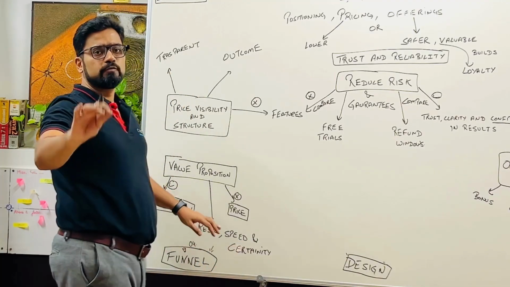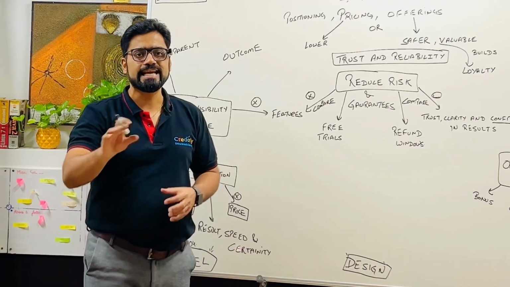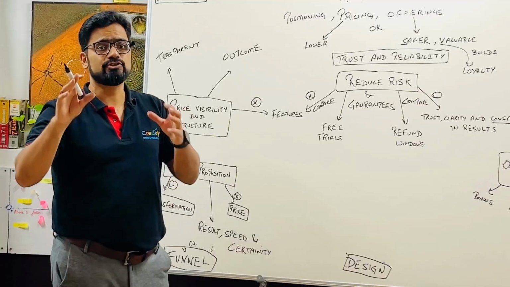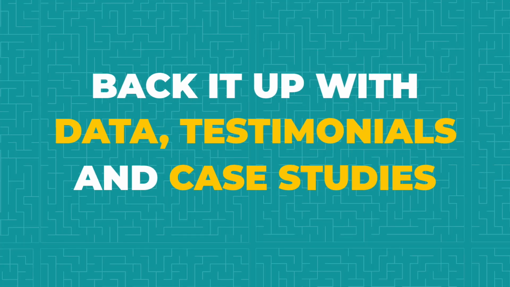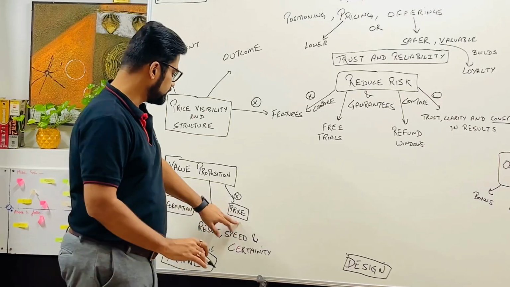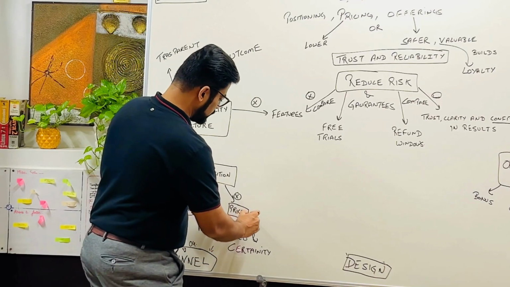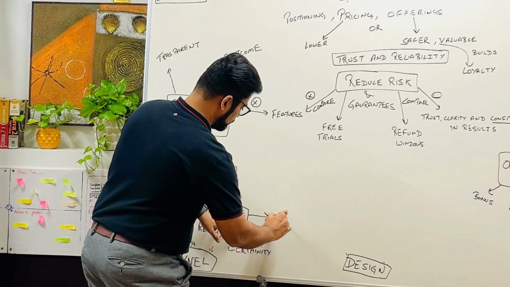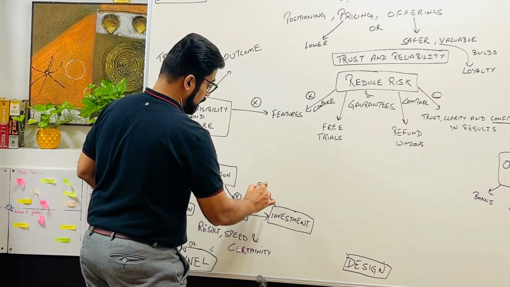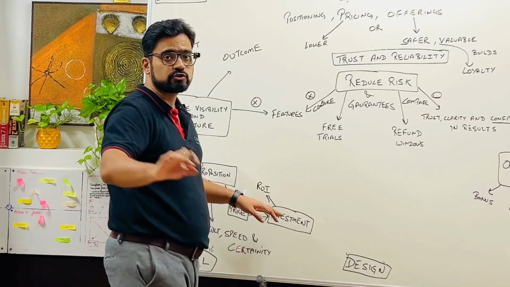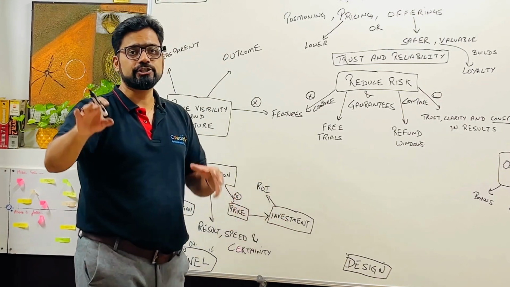So instead of saying save 10%, say generate ROI in 60 days. You back it up with data, testimonials, or case studies, and reframe the price or cost as investment. You need to show the lifetime ROI and any risk-free entry or implementation included.